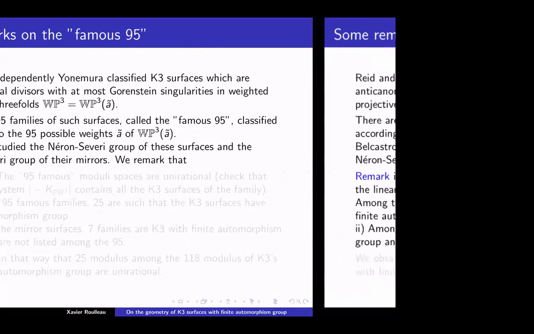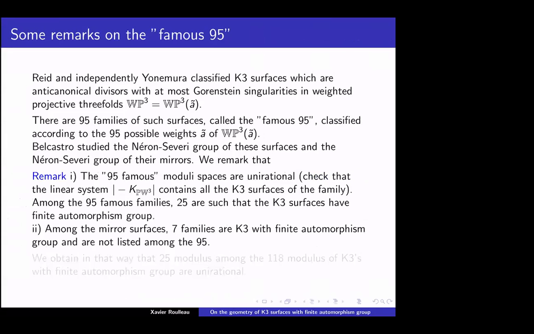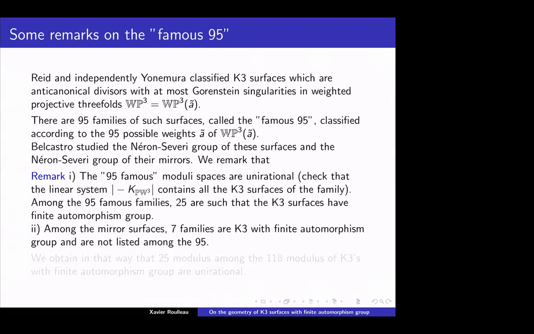And so we make two remarks. The 95 famous moduli spaces are unirational. You just have to check that the anti-canonical linear system on these weighted projective threefolds contains all the K3 surfaces of the family.